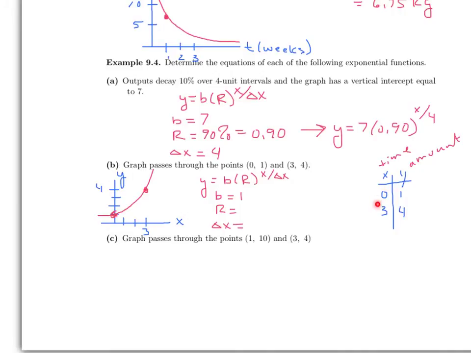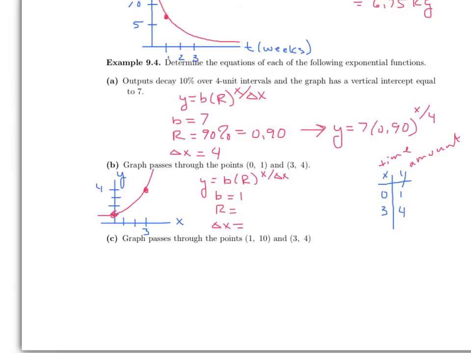So this range from 0 to 3, you can think of this as a time period then. And during this time period, the amount grew from 1 to 4.